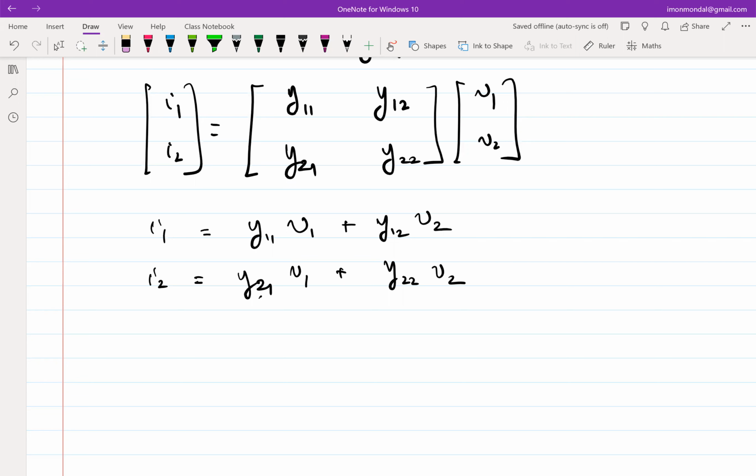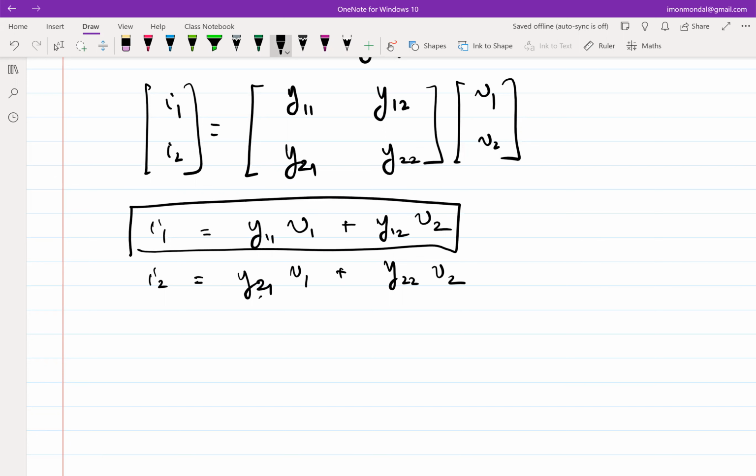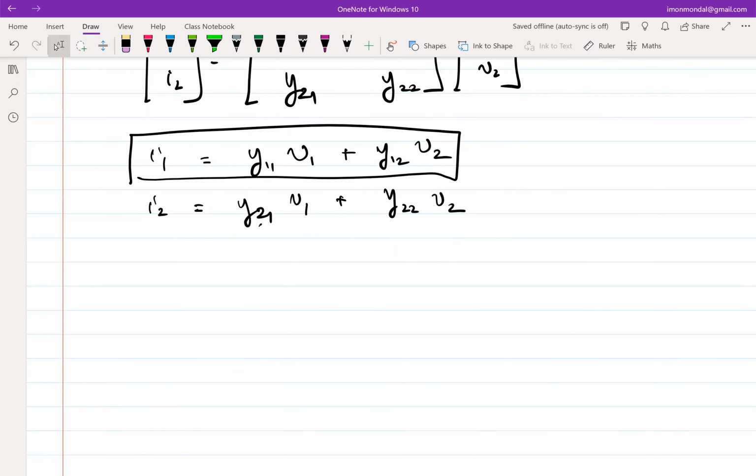The reason it's called Y parameters should be obvious, because their units are that of conductances. Now note that if I concentrate on this particular equation only, what does this tell you? This is essentially telling you that the relationship between I1 and V1, V2 is not only linear, but look at only this term.